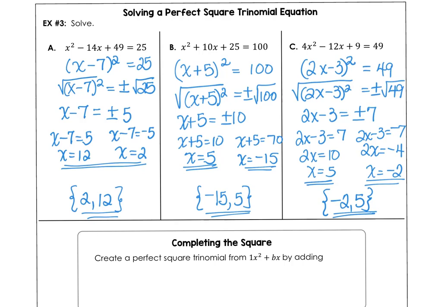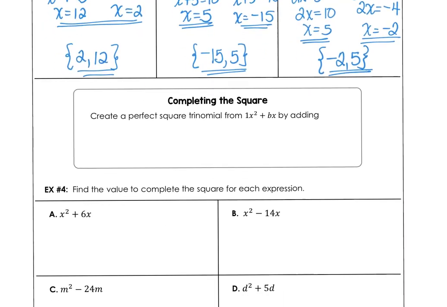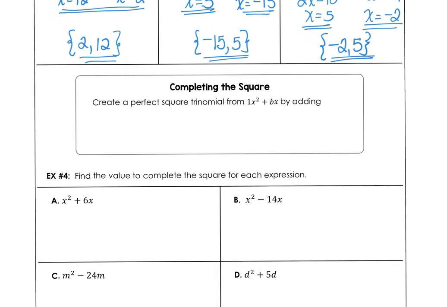So now the reason we have our lesson here, completing the square. If you want to create a perfect square trinomial, just like example 3, then you need to take the x squared plus the bx, and to get that c value, the technique for getting that c value is to take your b value, divide it in half, and then square it.